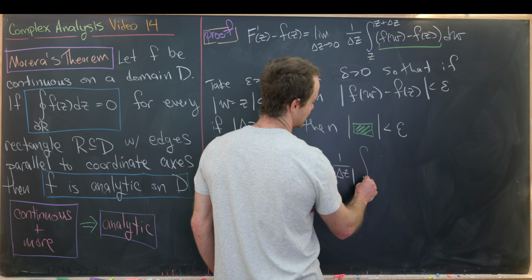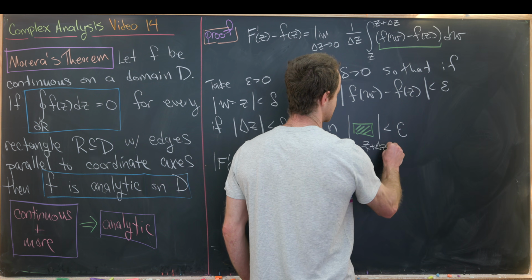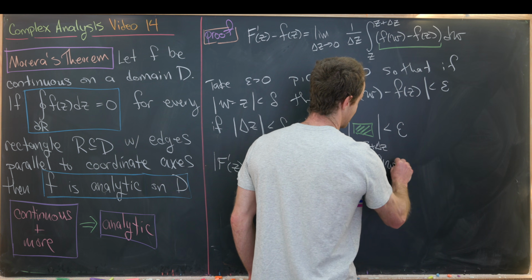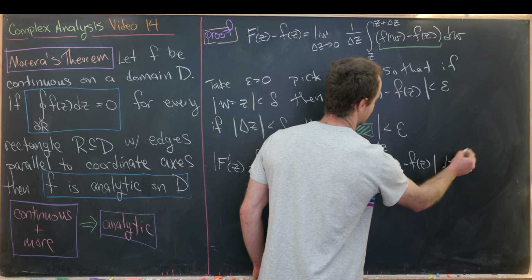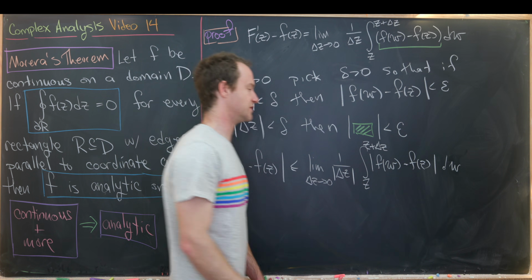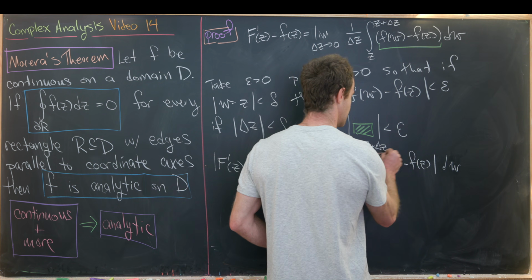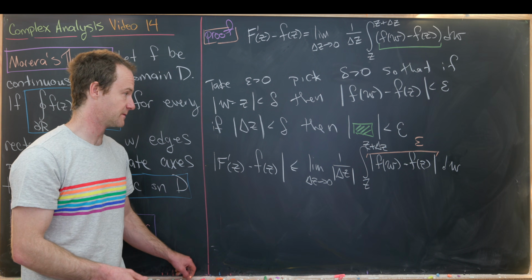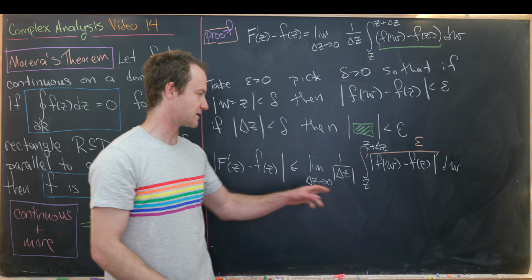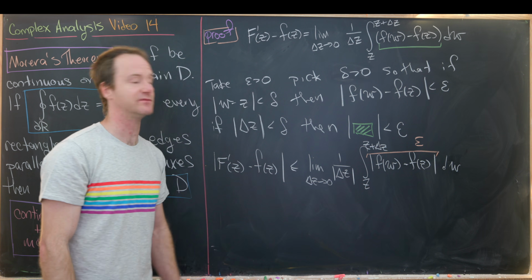And then we'll have the integral from z to z plus delta z of the modulus of f of w minus f of z. So I use the triangle inequality for integrals there. And then dw. But now we know that this guy right here can be replaced with epsilon, and the inequality goes in the right direction. And then we just have epsilon times the length of any curve from z to z plus delta z.